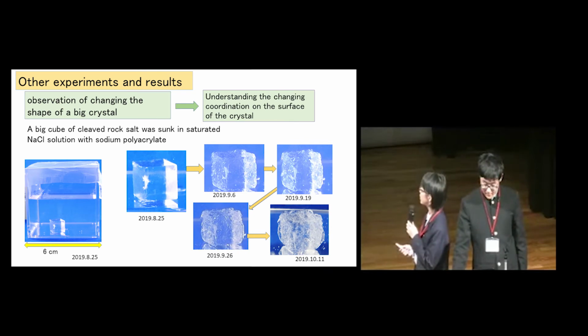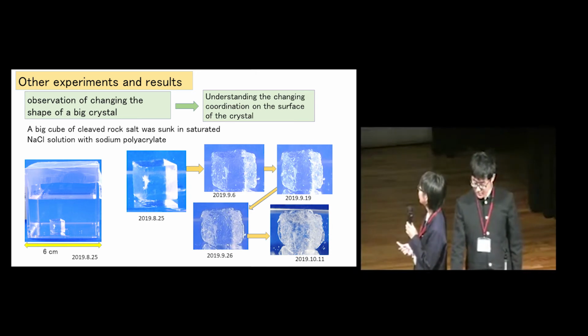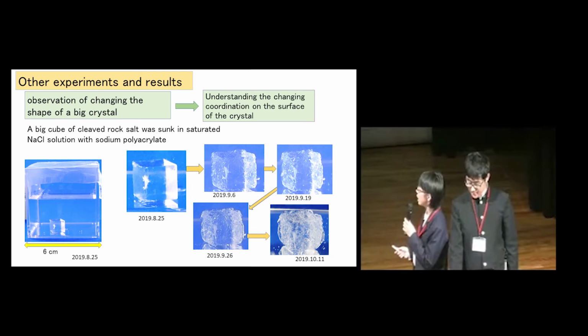Second, we observed the changing shape of a big crystal to understand the changing coordination of the surface of the crystal. We made a big cube of cleaved rock salt sunk in saturated NaCl solution with sodium polyacrylate. Then, the crystal is becoming spherical.